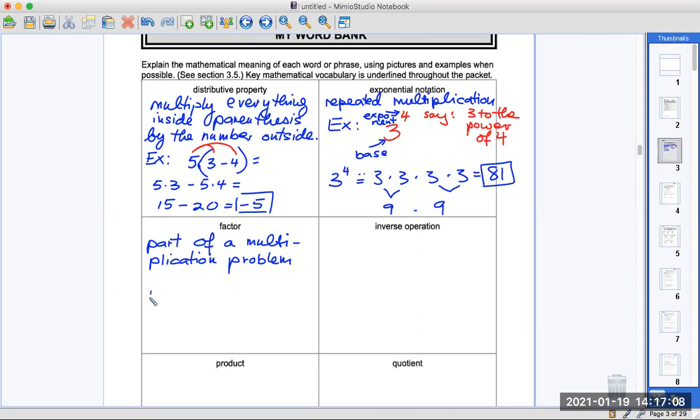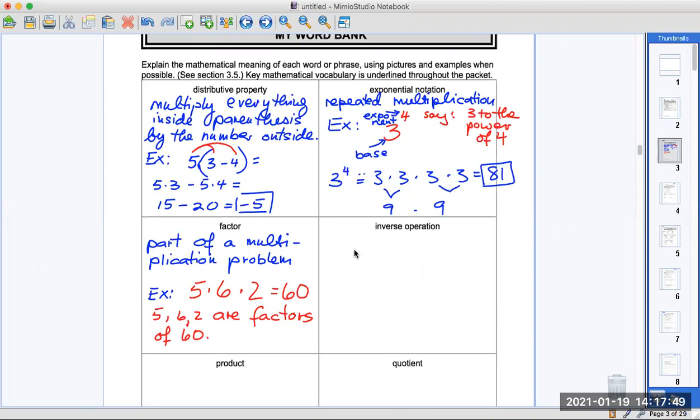And so, for example, if we have 5 times 6 times 2, those are factors, part of a multiplication problem. And so the answer to that is 60. 5 times 6 is 30. 30 times 2 is 60. So 5, 6, and 2 are factors of 60. Okay.